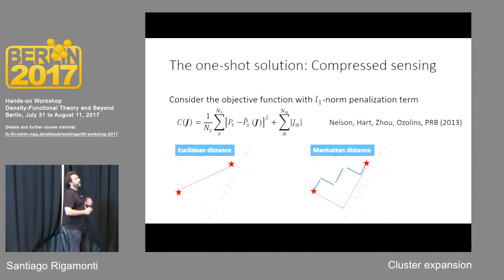So instead of using an L2 norm as a penalization term, you may use the L1 norm. In the L1 norm, instead of having the interaction coefficients to the power of 2, you just take the modulus of those. This norm is also called the Manhattan norm. This is in reference to the fact that the Euclidean distance would be the shortest distance between 2 points, but the Manhattan norm is what you would do if you went walking from one star to the other.